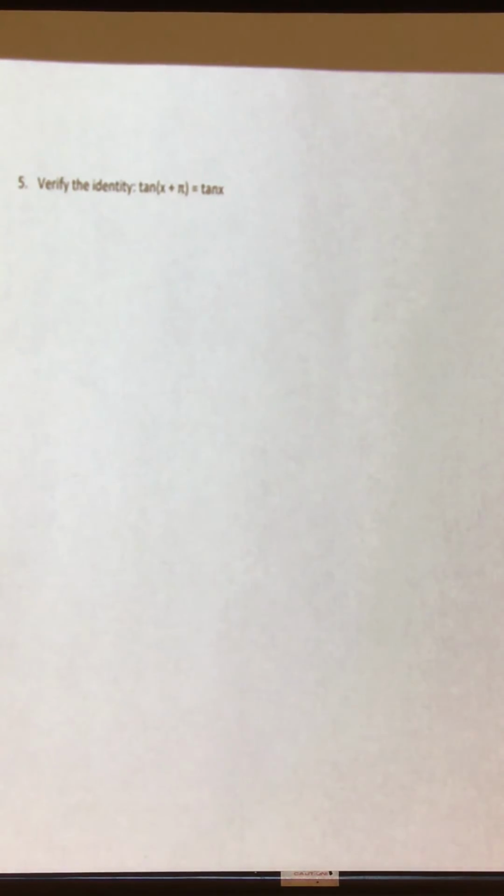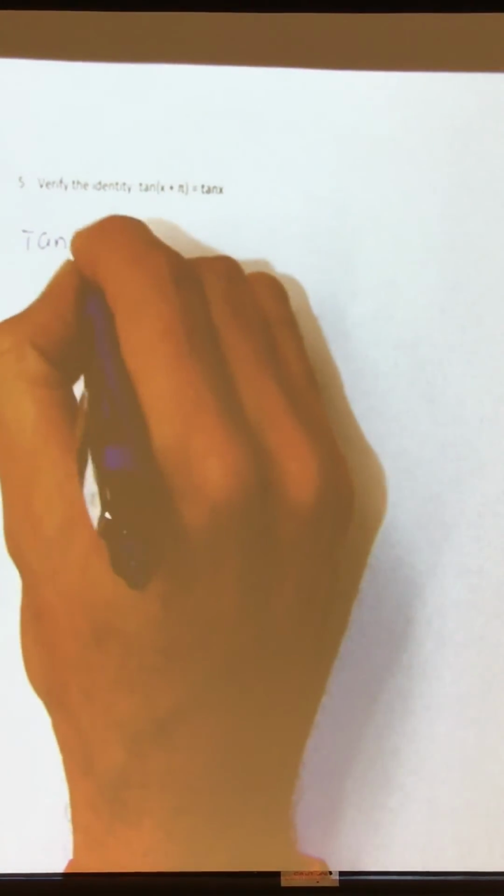We could also use an identity for the tangent of the sum. This is a more lengthy way to do it.